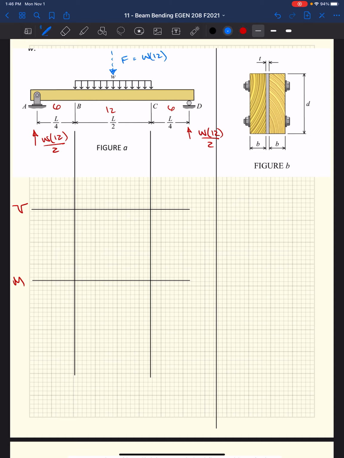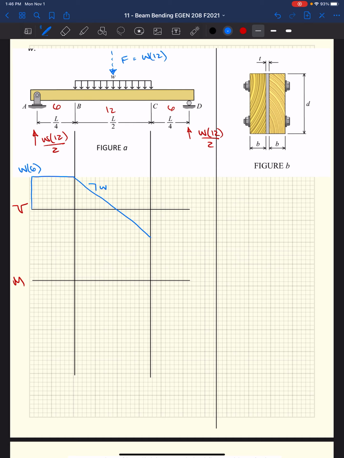So if we have W6 as our reaction, at our reaction we're going to jump up in our shear diagram the magnitude of our reaction, which is W6. We have no applied external forces from that point until we get to the uniform applied load, 6 feet over. So it stays constant until then, and then we hit this uniform load. It is constant in magnitude. We know based on our rules that the slope of the shear diagram is the magnitude of the uniform load.